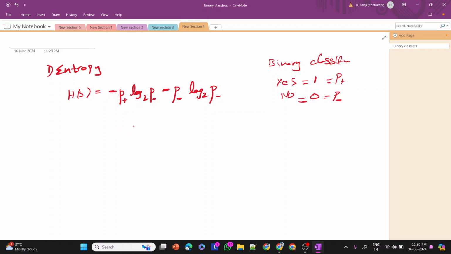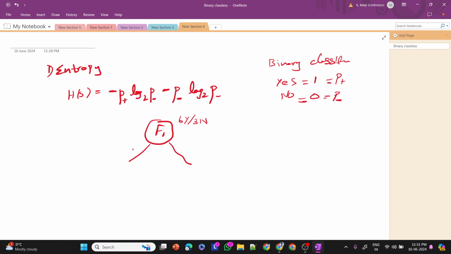Okay, let's see how we can implement this formula in model building. For example, we have a feature F1. We need to split this feature, having a total of 6 yes and 3 no's.